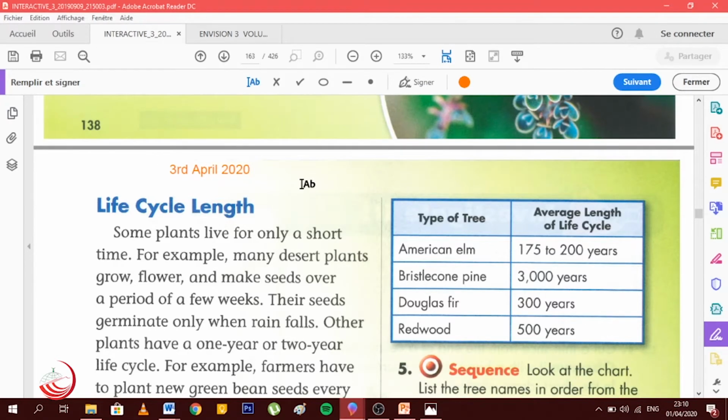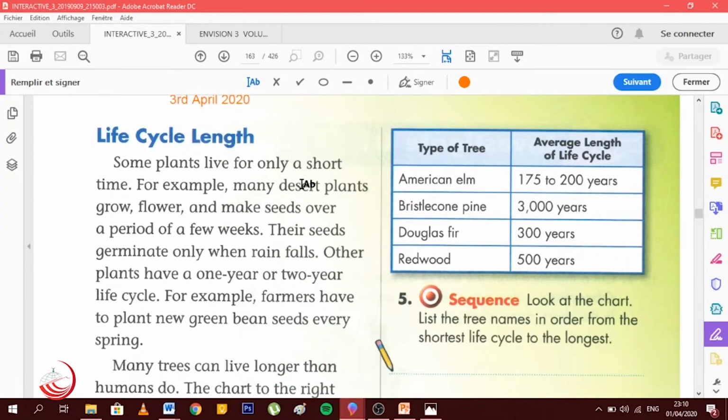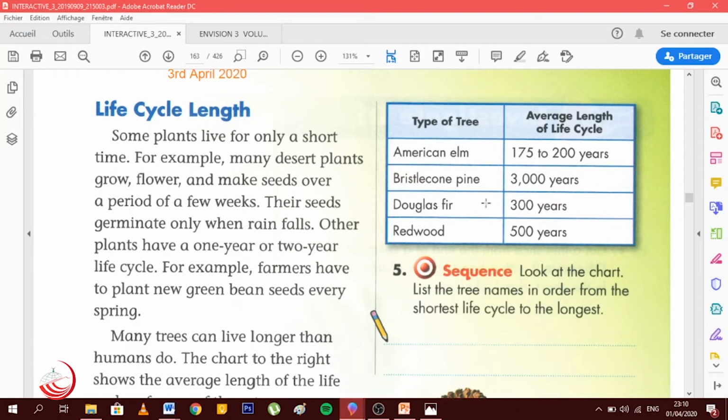Very good. We're going to read the text and then see the chart here, because I see that we have a chart. Let's start by reading the text. Life cycle length means how long the life cycle can be. Some plants live for only a short time.